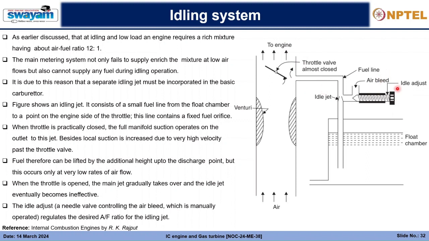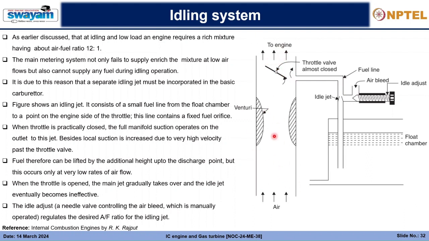And how it works is that there is an idle adjust. Through the idle adjust, we can control the amount of air that is bled through the channel. The air will bleed, and it will take away the fuel through here due to the pressure differential, and this air-fuel charge will go inside.